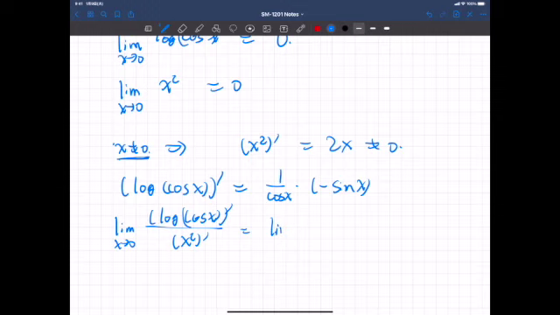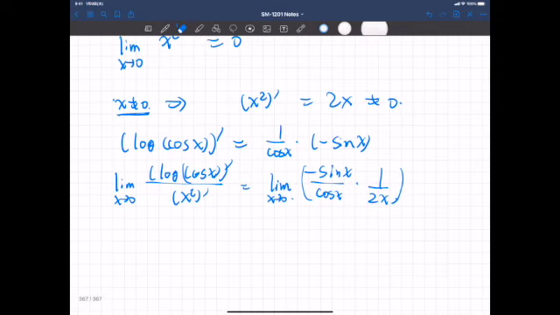So the limit of log cos x prime over x squared prime is the limit of negative sine x over cosine x times 1 over 2x. And so we have sine x over x here, so negative 1 over 2 and 1 over cosine x.